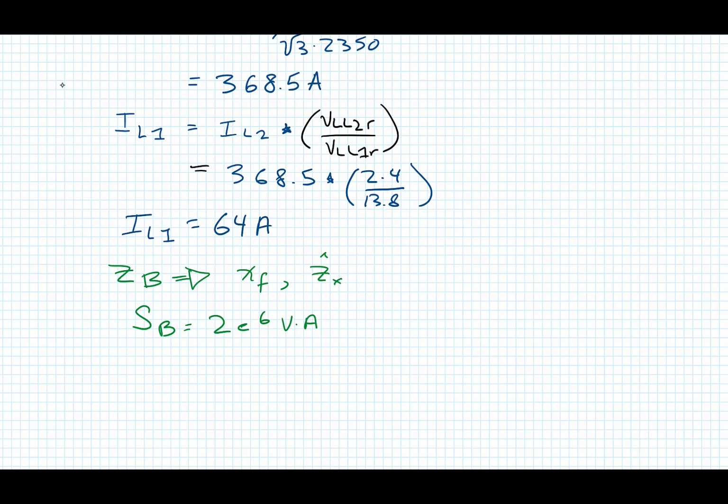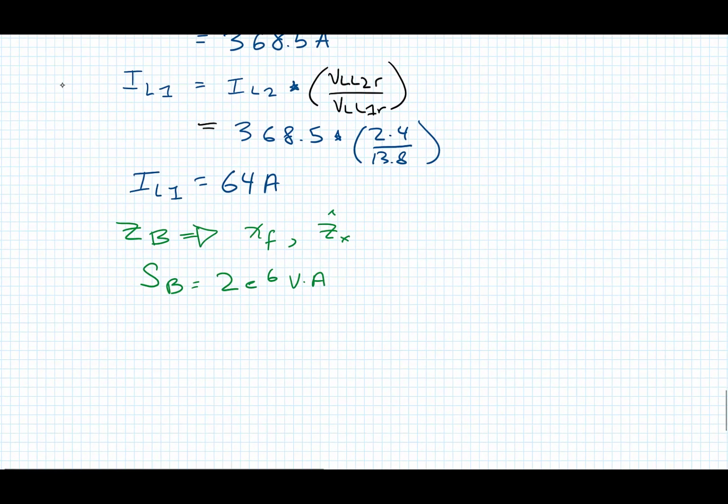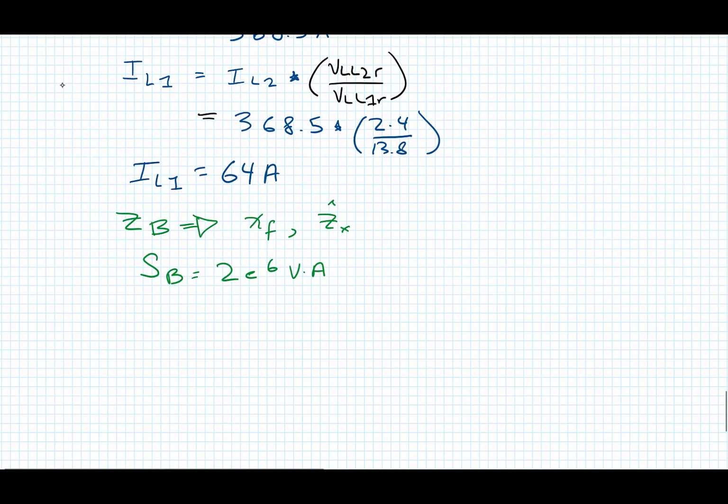Usually when you're given the ratings, you're going to have to do this. Sometimes you might have a problem where it gives you ratings and you don't even use them. That's usually an oversight, or there's a follow-up problem. So pay attention to it, but don't get thrown off by it. The V base, based on the primary side, is going to be 13.8 times 10 to the 3 volts divided by square root of 3, which happens to be 7,967.